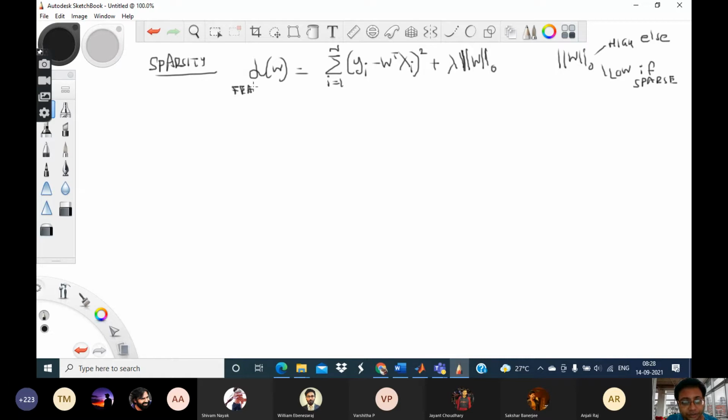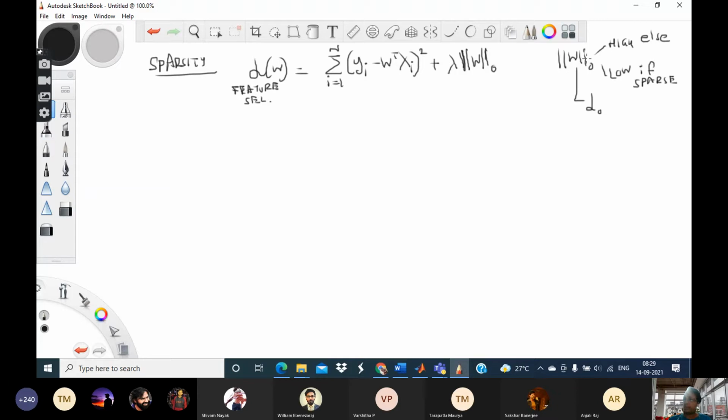Yes. Here you're saying that the magnitude of W will be low if most of its elements are 0, right? No, that I am not saying. I am saying that if most of the elements are 0, then the L0 norm of W will be low.